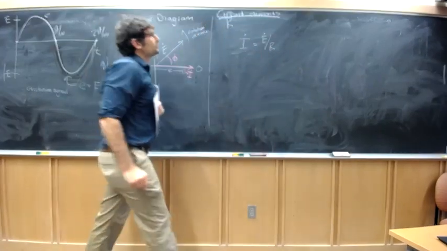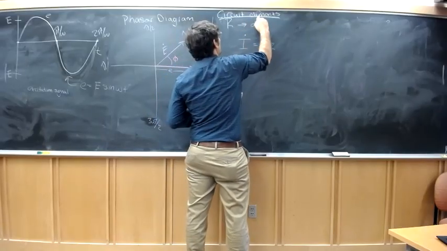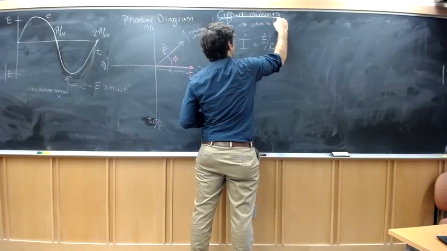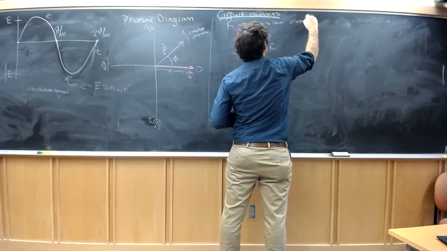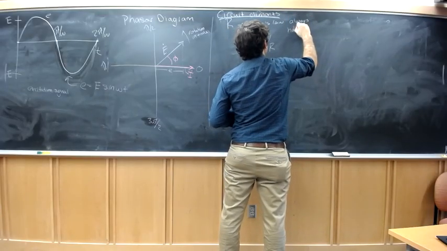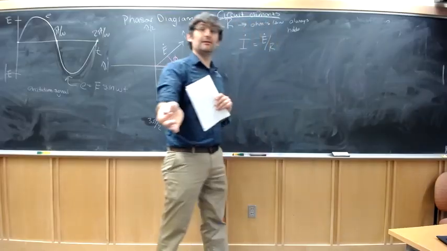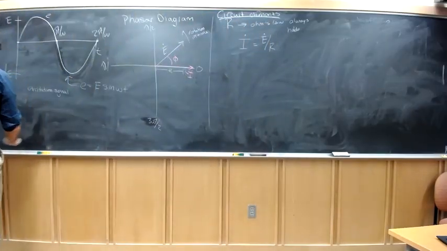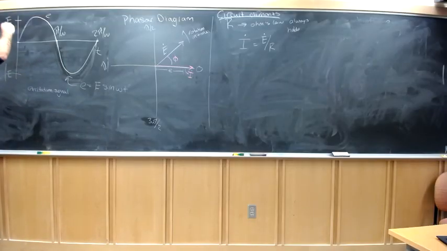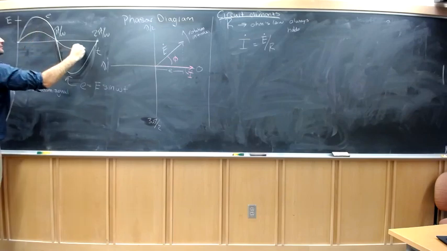Because Ohm's law always holds here for an ideal resistor, independent of the frequency, independent of the voltage, if I have a voltage perturbation, at any given voltage, I will measure some current, and the current will always be linear with the voltage.